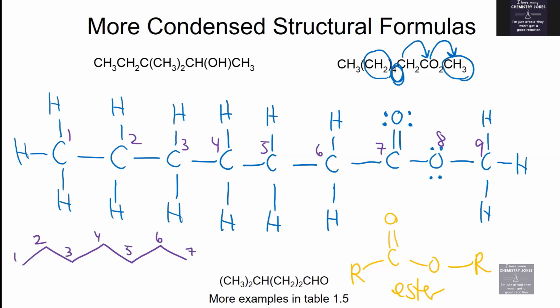Carbon number 7 has a doubly bonded oxygen on it. None of the other carbons have anything special. This bottom thing is my skeletal structure of that molecule. Way easier to see that it's an ester in this skeletal structure, but this one's not too complicated either way.